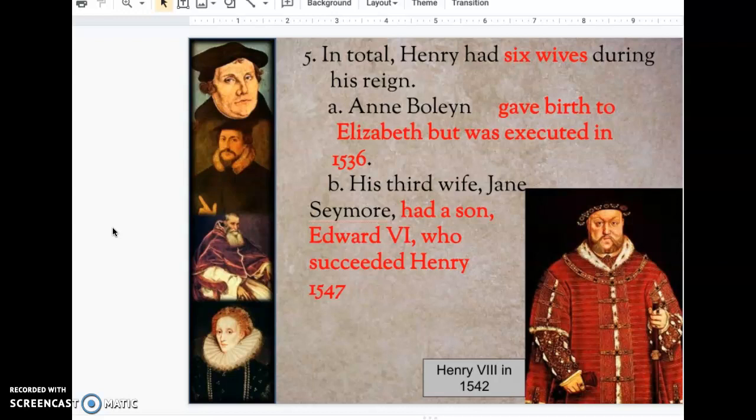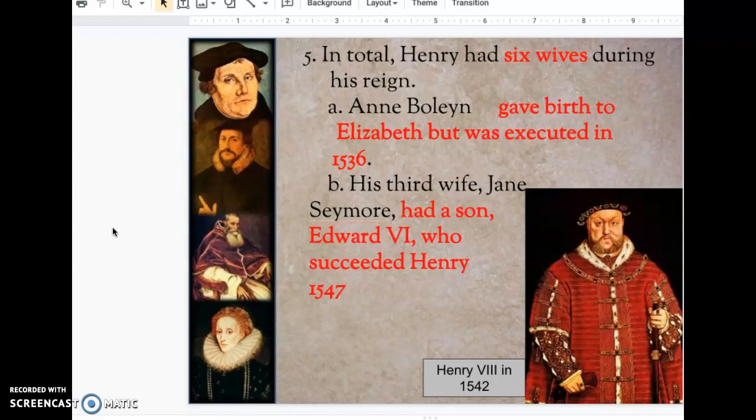But Jane doesn't make it. She died due to complications of the childbirth. And Henry is absolutely beside himself because he finally had someone that gave him a son. And for all he knew, she could have given him more.